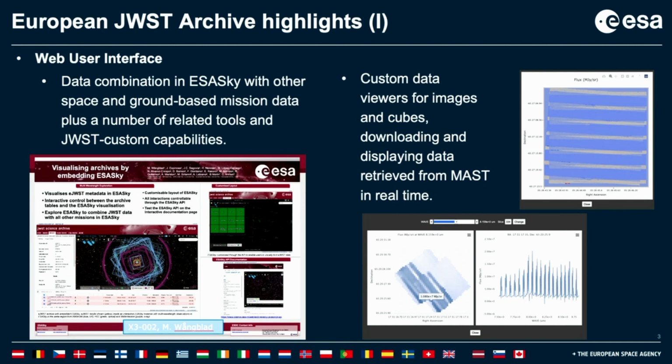We have also added custom JWST view capabilities on this exploration feature. You can have a look at the poster prepared by Matthias Wonblatt, where you can find extra details on these capabilities. For those observations including among their products images or cubes, we have also developed our own dedicated data viewers, and they will be shown in the demo.